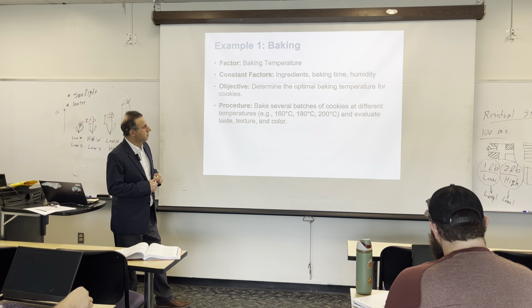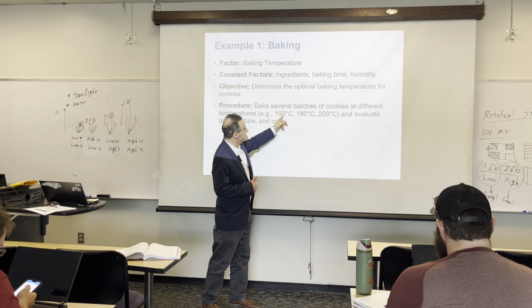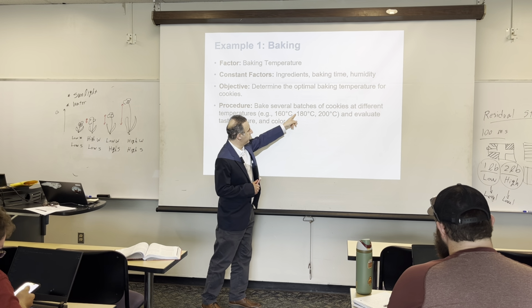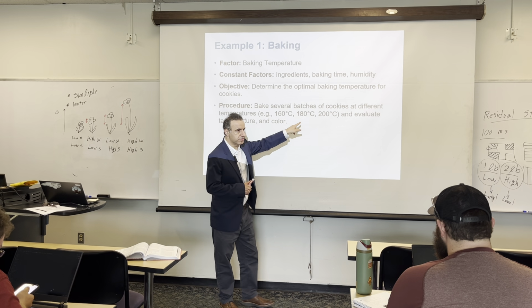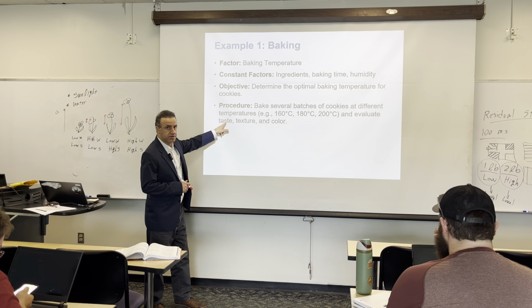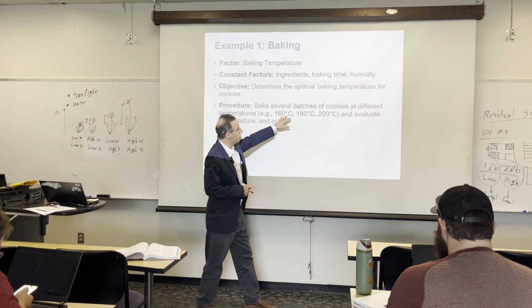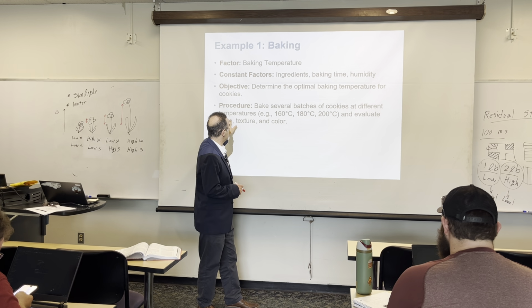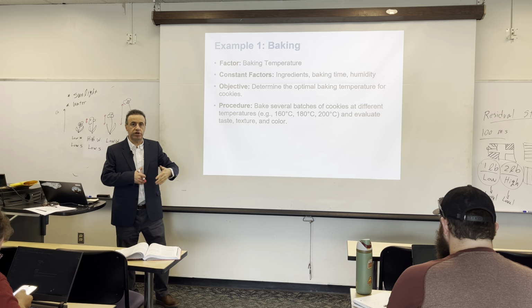The input is the baking temperature. This is one level, another level, the last level. So we have 3 levels, right? And what is the response? Taste, texture, and color. So these outputs may change. Sometimes they may not. We want to see.